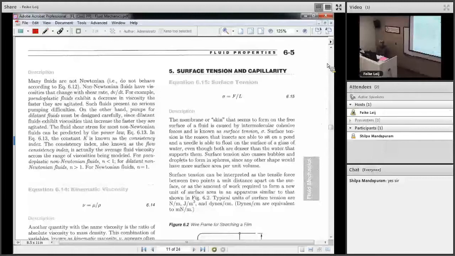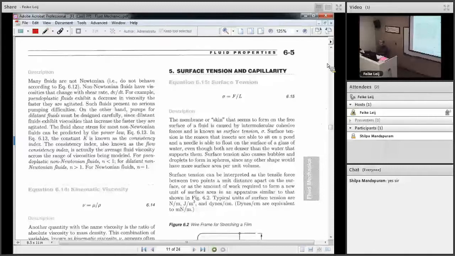The membrane, the interface between air and water, is going to be warped because the forces between water molecules are going to be different than the force between water and air, and the force between water and the solid of the straw or the capillary cylinder.